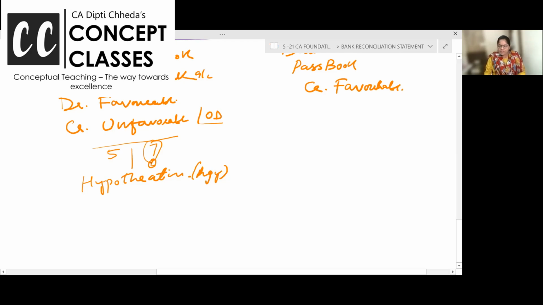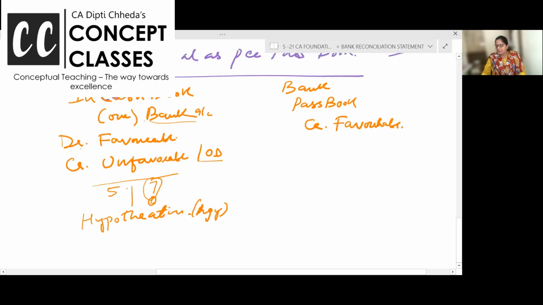So now, what is the normal balance in the cash book bank account? Debit balance. What is a credit balance? Overdraft, unfavorable. Cash book debit balance, passbook credit balance: favorable. Cash book credit balance is unfavorable, overdraft.